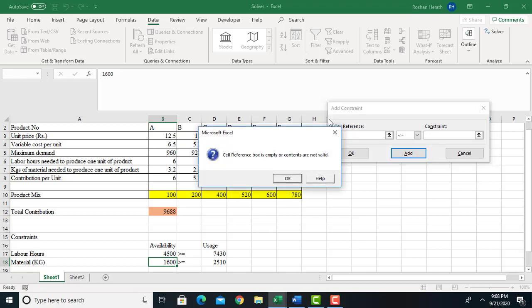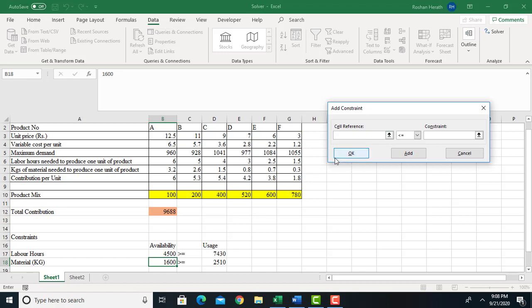Then I told you that there's another constraint. What is that? That is, at any given point in time, this product mix should not exceed the maximum demand. So therefore, what you can do, you can select this product mix.